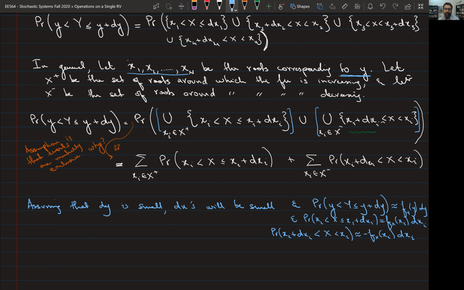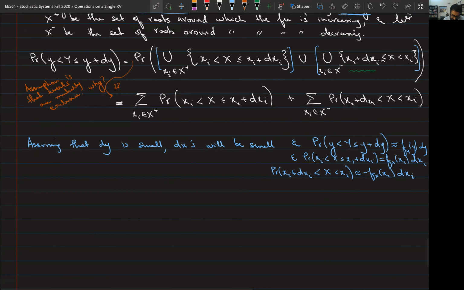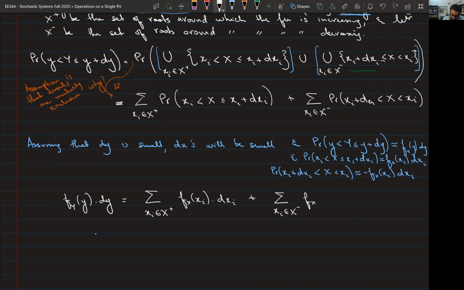Okay. Now, armed with these three expressions, I can try to come up with a relatively simpler form, which is that fY(y) times dy is actually equal to the summation over xi belonging to X plus of fX evaluated at xi times dxi, plus the summation over xi belonging to X minus of fX of xi times minus dxi.